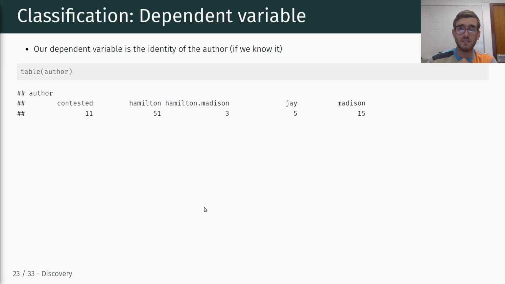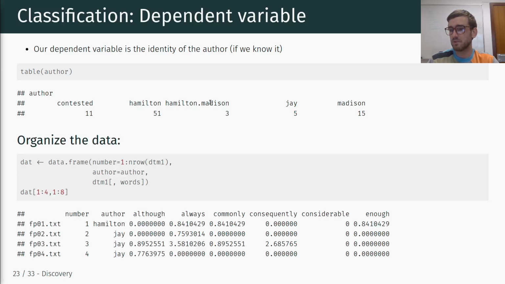And so as I mentioned, we had this vector author that contained authorship of the numbered essays in the Federalist Papers. And what we're going to do now is combine those together, right? So we're going to create a new data frame where the first variable is just the essay number.